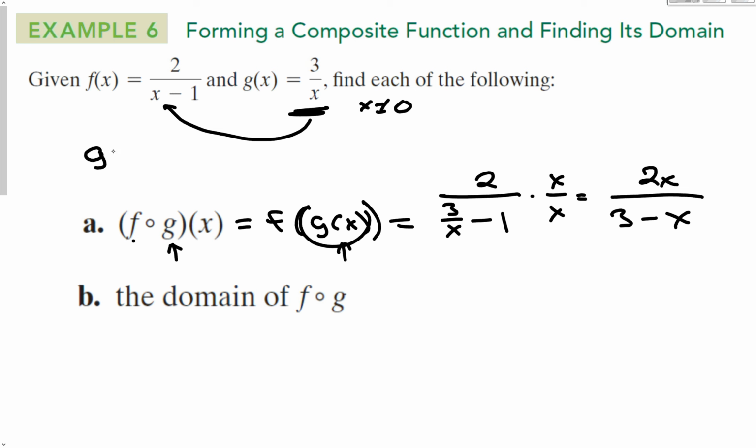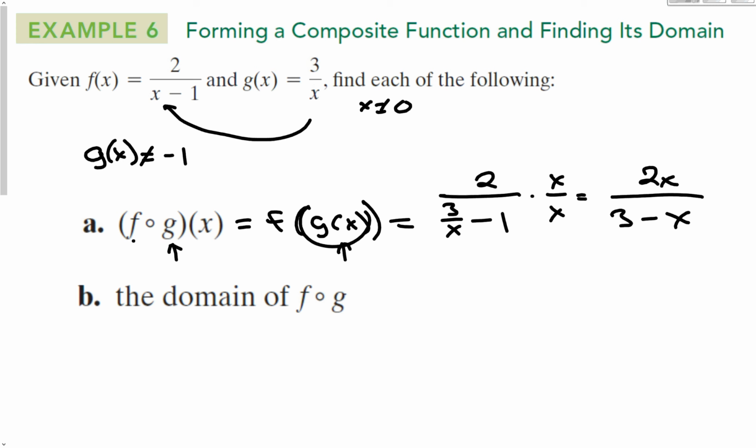So I basically want g of x not to be equal to negative 1. Not f. So negative 1 is not, or sorry, 1 is not excluded from the domain because I'm going to plug 1 into my g of x. 3 over 1 is 3, which would then travel over there. So 1 does not work.